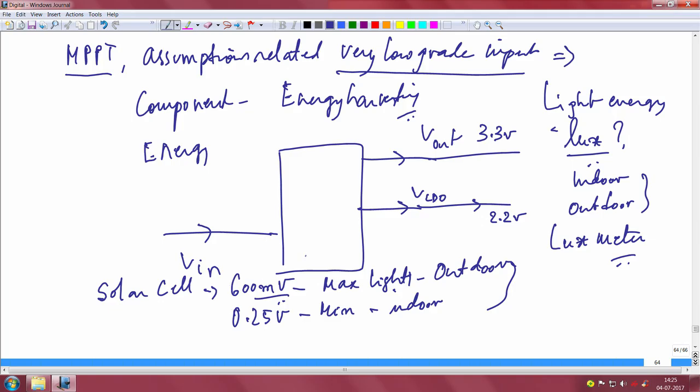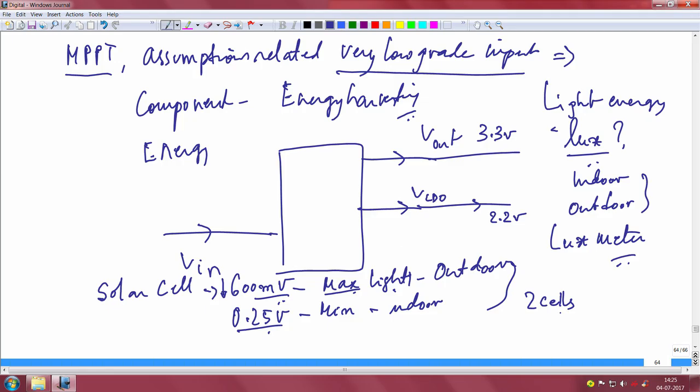As the temperature increases this voltage will keep falling, and that is under maximum lighting conditions. You get 250 millivolts under minimum indoor lighting conditions.